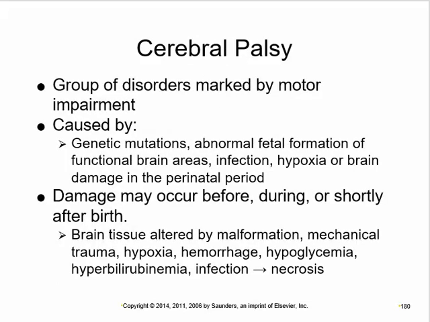Cerebral palsy. So this is motor impairment. Could be caused by genetic factors, mutations, abnormal formation of different brain areas, infection, hypoxia or brain damage in the perinatal period is what seems to be the more common sort of thing.